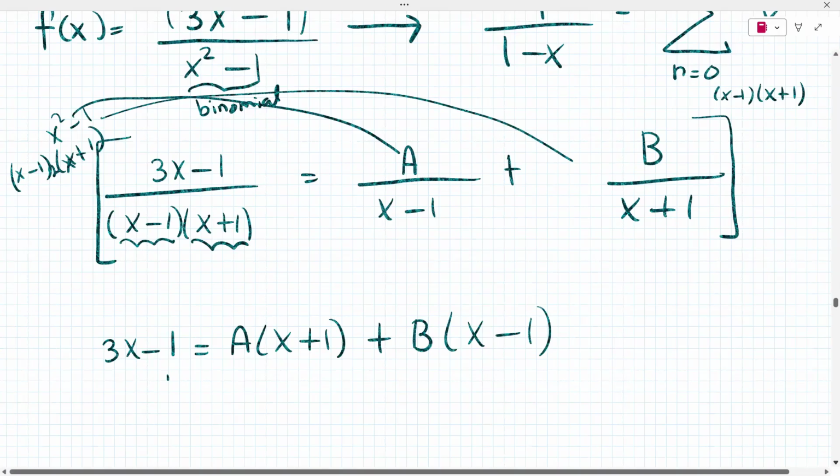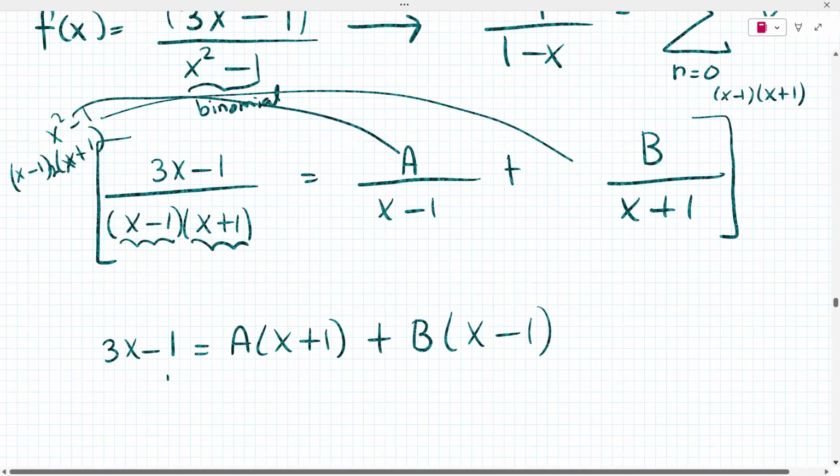Okay, now what we'll do is maybe we should FOIL. Let's FOIL that out instead of replacing x with negative 1. I mean, you could replace x with negative 1, I think that would work too.